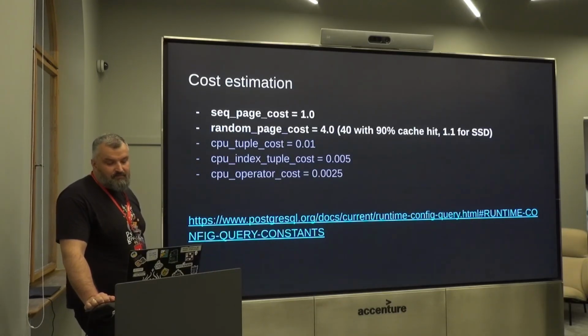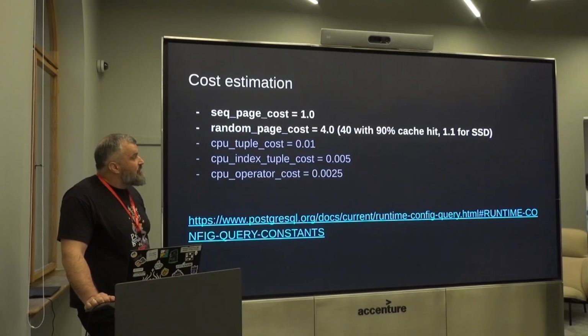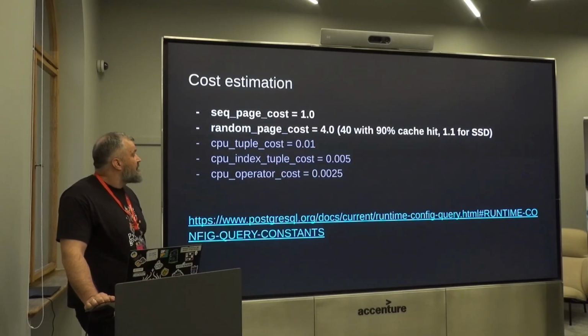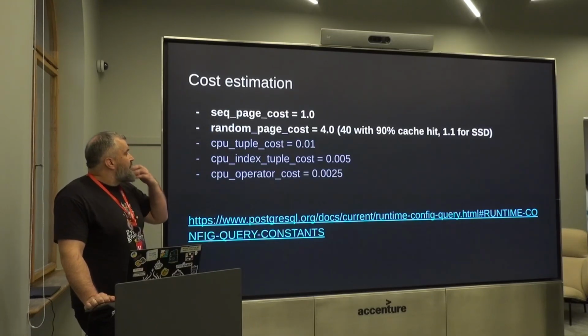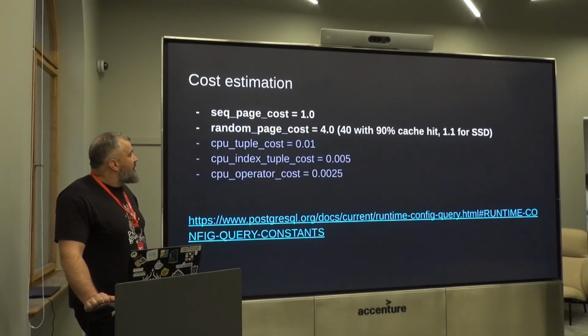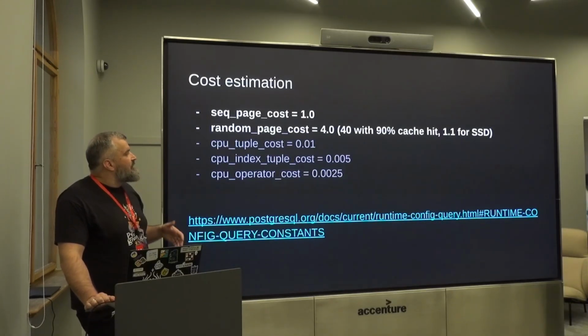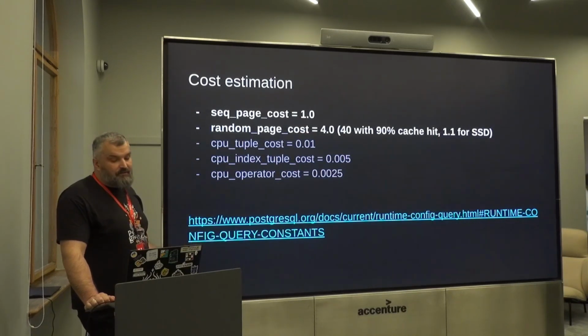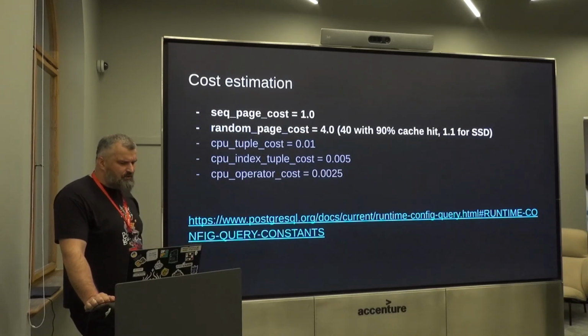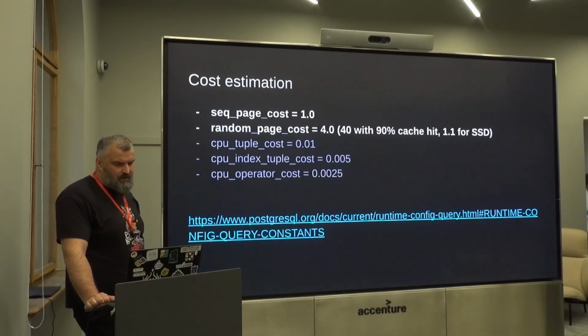There is some documentation that suggests putting it at 1.1 for SSDs. And then there are some other cost parameters, but if you look at them, all of them are 0.0-something or 0.00-something, so they have very little effect on choosing which index and how to access the table.